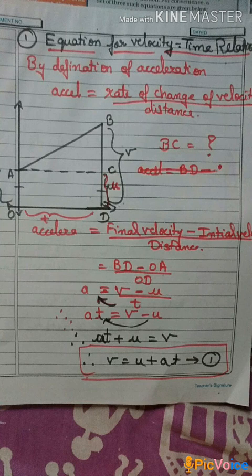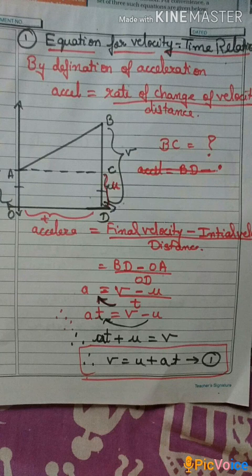Here, the equation of velocity-time relation. They have considered an object moving with uniform acceleration, where u is the initial velocity, that is OA is the initial velocity, and the final velocity is DB. By the definition of acceleration, acceleration is defined as the rate of change of velocity.